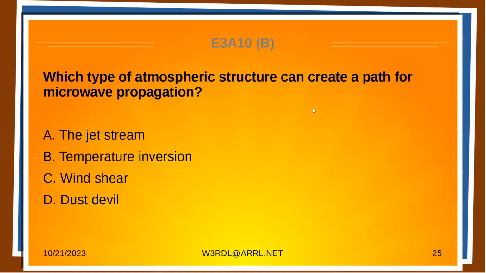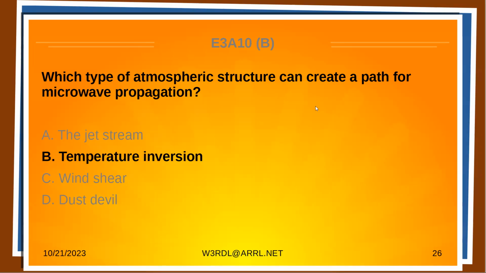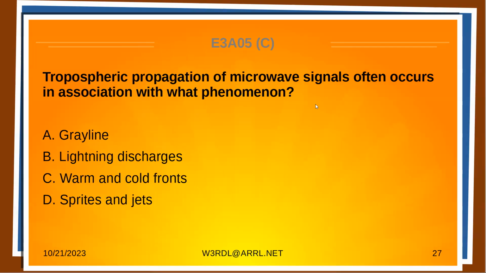So which type of atmospheric structure can create a path for microwave propagation? Bravo. Baker. Not the jet stream? We haven't discussed the jet stream, so I would say that's not the answer. Tropospheric propagation of microwave signals often occurs in association with what phenomenon? Charlie.